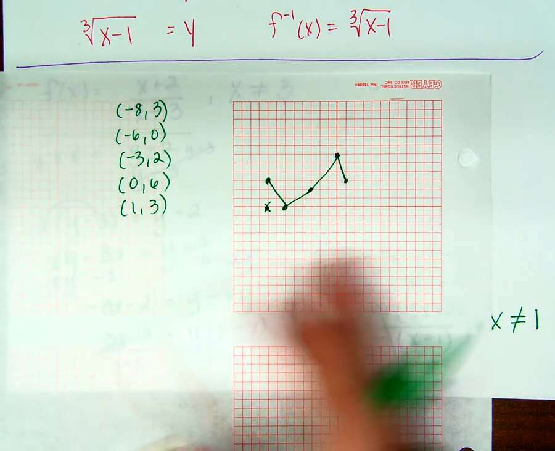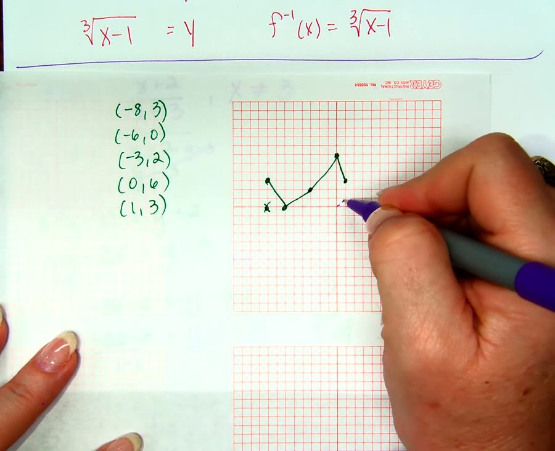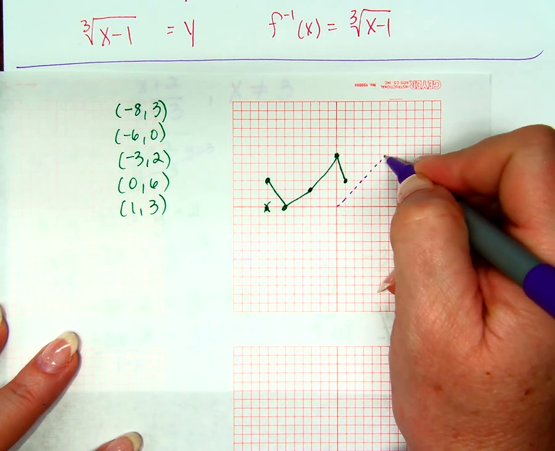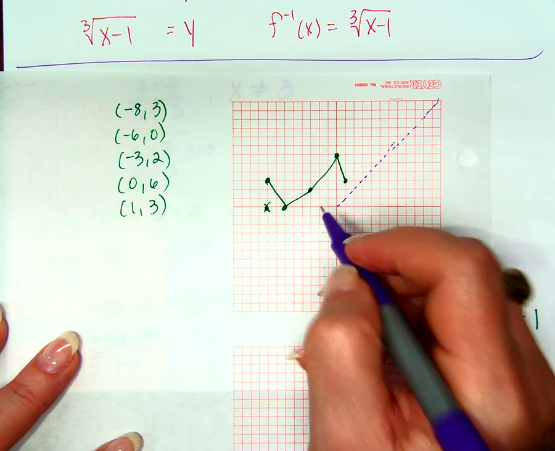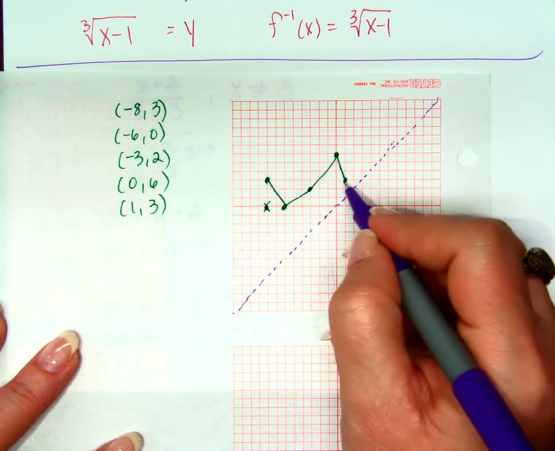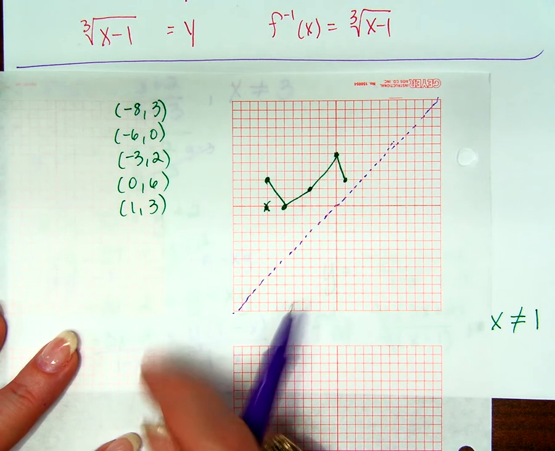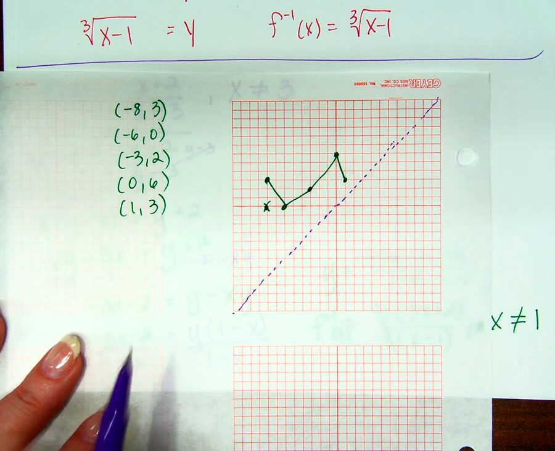So how would I use this graph to graph the inverse of this function? I could use the graph, because if you'll remember, inverse functions reflect across the line y equals x. So I could reflect every point on this graph across this line. What else could I do with these points? How do you find the inverse of a function again? Switch x and y.